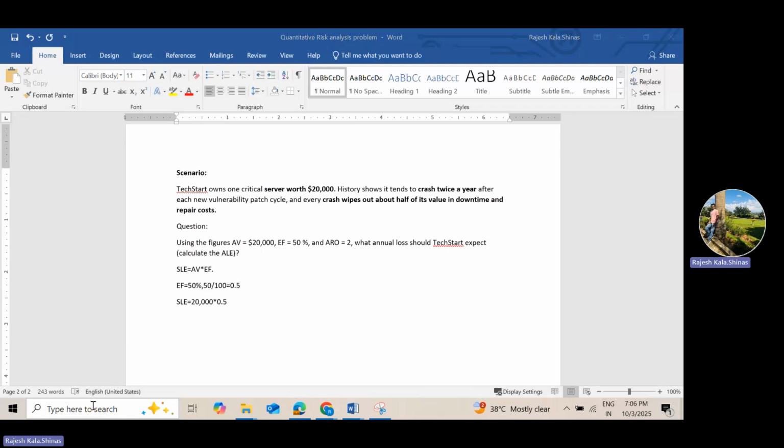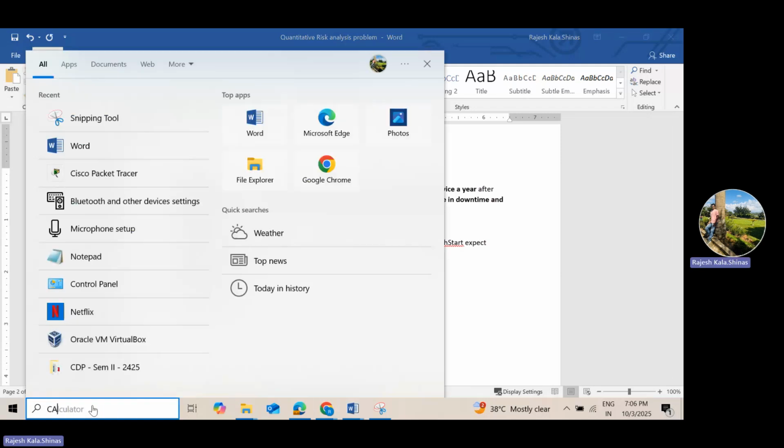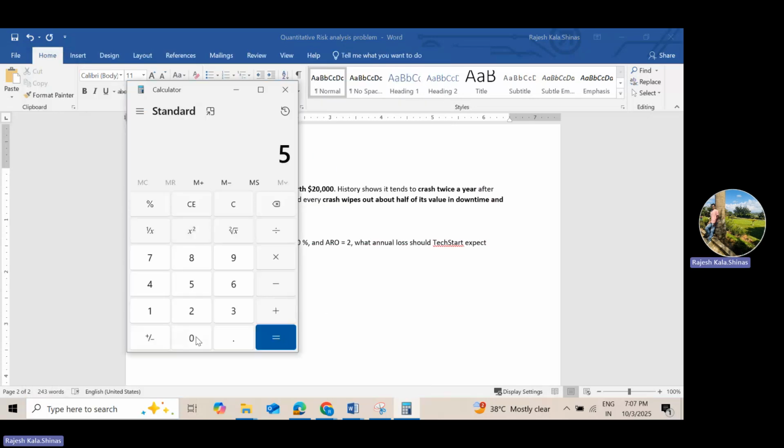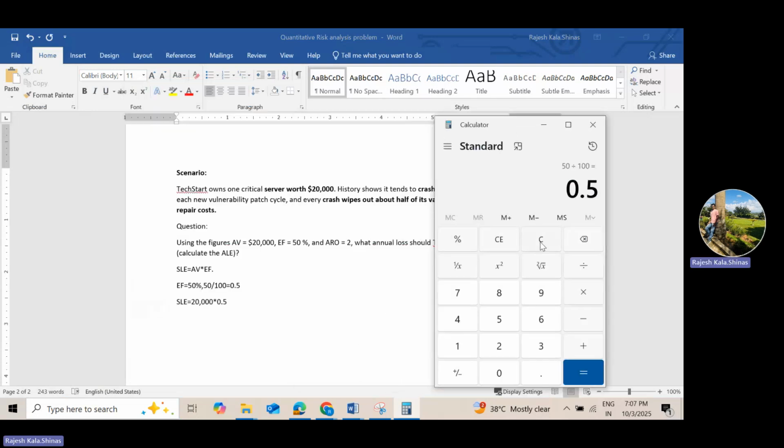You can check that by calculating it. On the calculator, 50 divided by 100 is 0.5. If EF is 25%, that means 25 divided by 100, which is 0.25. If it is 75%, then 75 divided by 100 is 0.75.